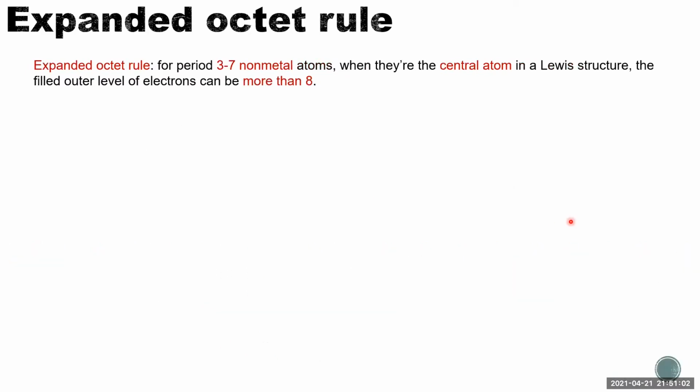A second type is the expanded octet rule. Like you can tell by the name, the expanded octet rule is for atoms in period 3 to 7. When they are the central atoms in a Lewis structure, the filled outer level of electrons can be more than 8.